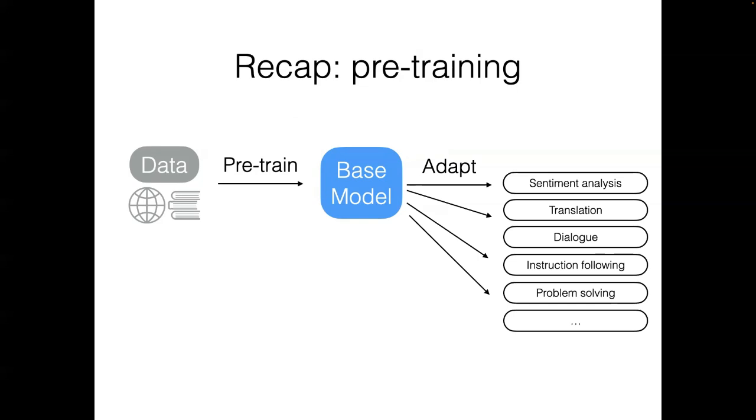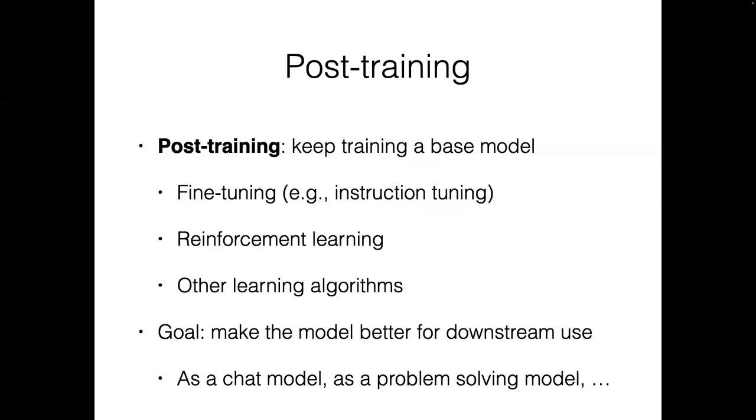So today we'll take this perspective of doing what is called post-training. So taking all of these methods which we've talked about kind of individually and thinking about what are some recipes or some pipelines for taking an existing model and then making it better for downstream use. So better as a chat model, better as a problem-solving model, etc.